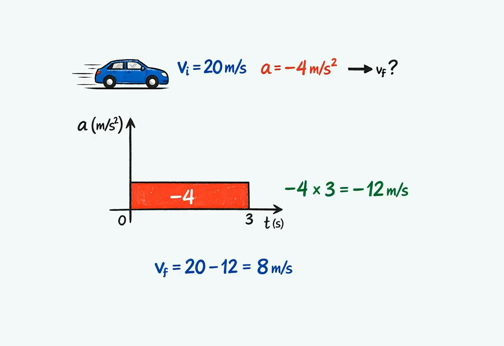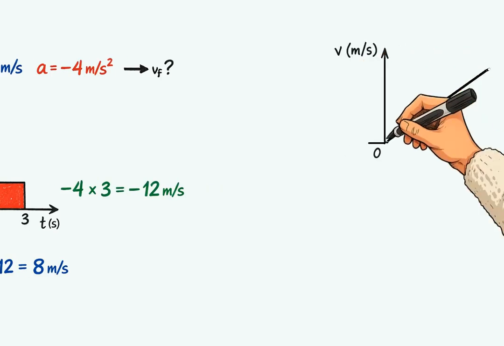The signed area is (-4)(3) equals -12 meters per second. So v sub f equals 20 minus 12 equals 8 meters per second. No special kinematics formula is required. You are literally adding up how much velocity change the acceleration produces.